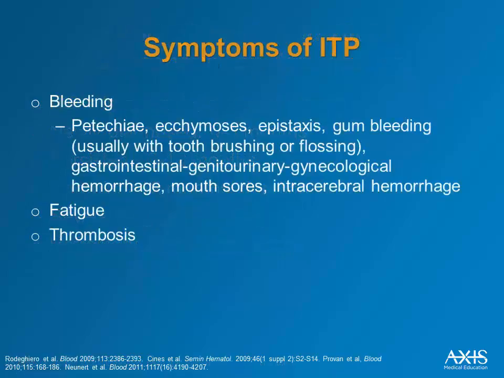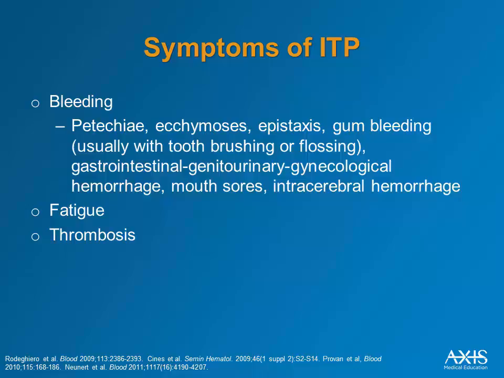Symptoms are often different kinds of bleeding. Petechiae, the little red dots that look like they were placed by the tip of a pen and don't blanch the way angiomas do. Ecchymoses or bruises. Could have epistaxis, gum bleeding, especially when stimulated, and then various other bleeding signs or symptoms.